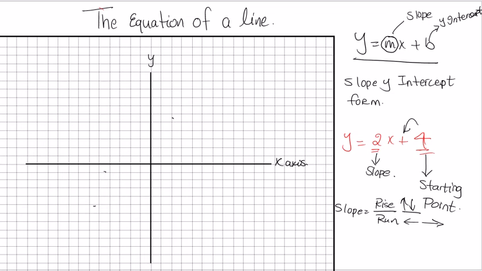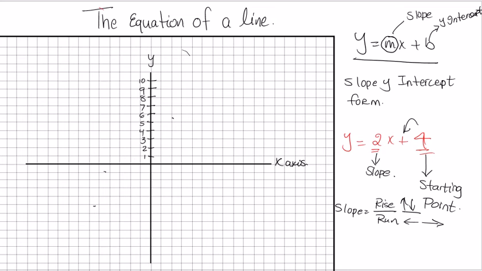Now let's do this question, 2x plus 4. The starting point is 4, so I'll just go by ones here: 1, 2, 3, 4, 5, 6, 7, 8, 9, 10.